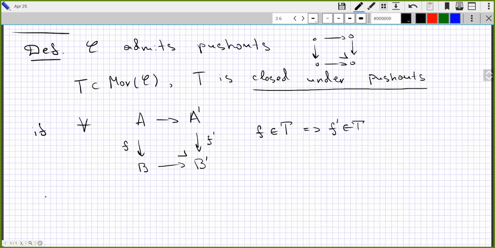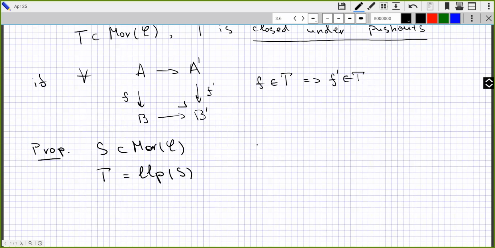Well, that is the definition, and now a proposition. Let S be a collection of morphisms, and let T be the collection of all the morphisms with the left lifting property with respect to S, which means the following: if you have such a square, then there exists a lift.